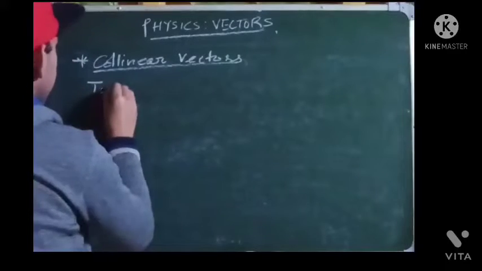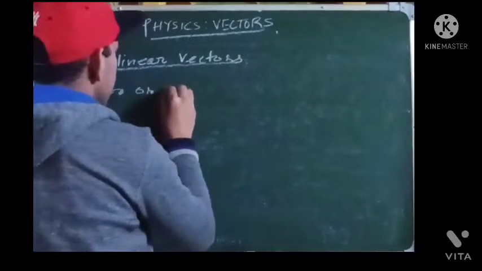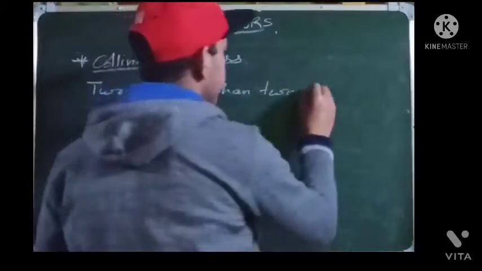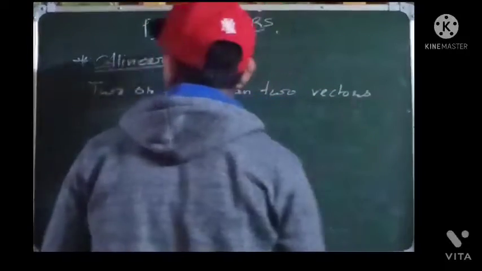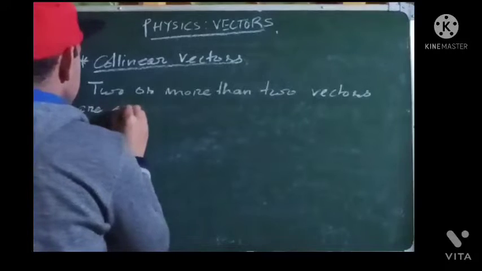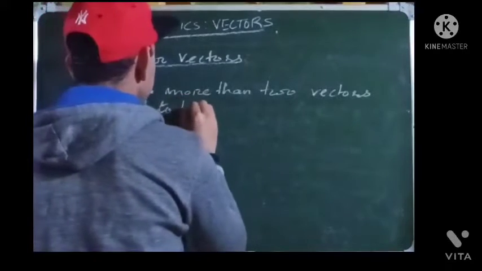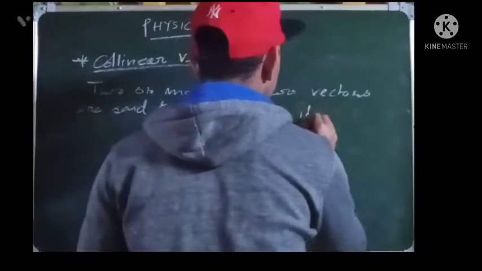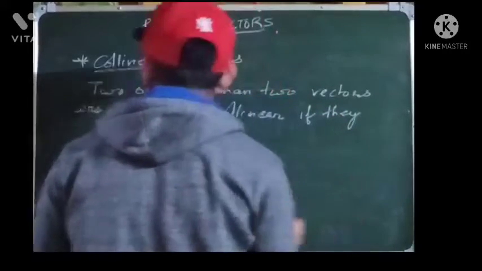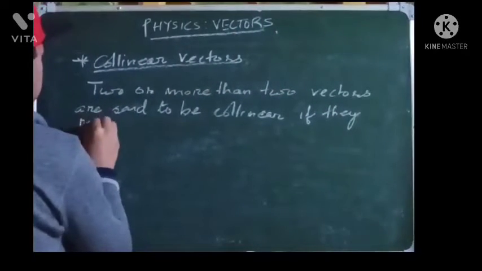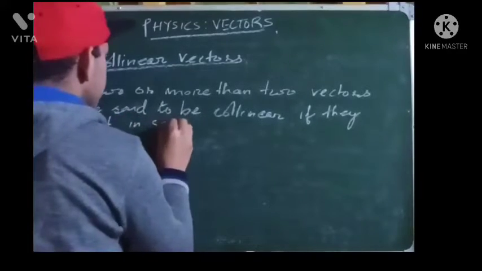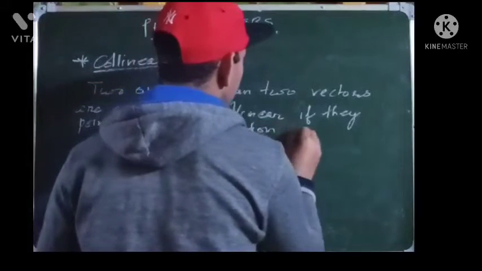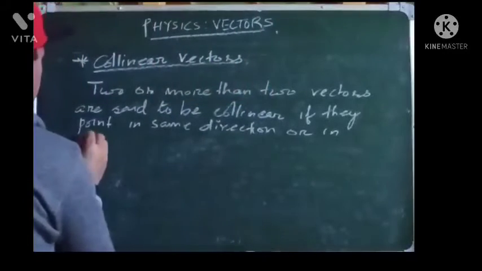That means we can write: two or more than two vectors are said to be collinear if they point in same direction or in opposite direction.